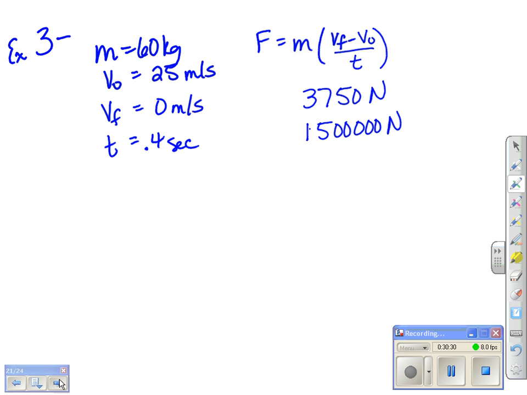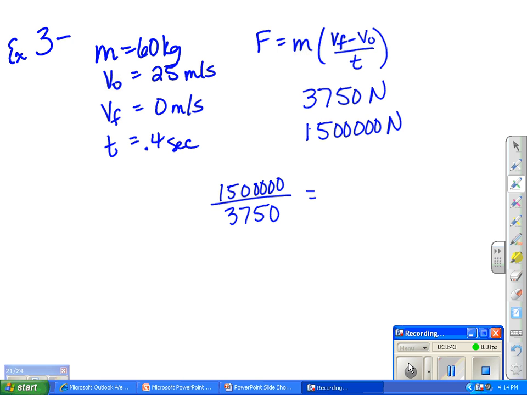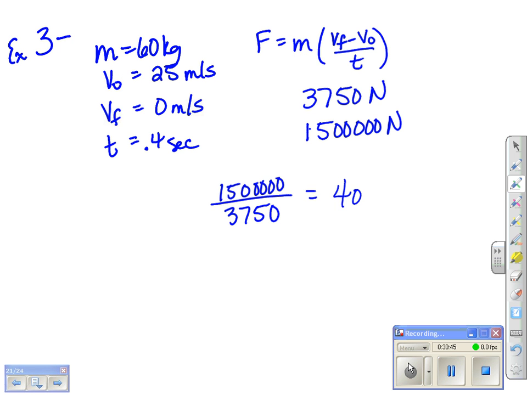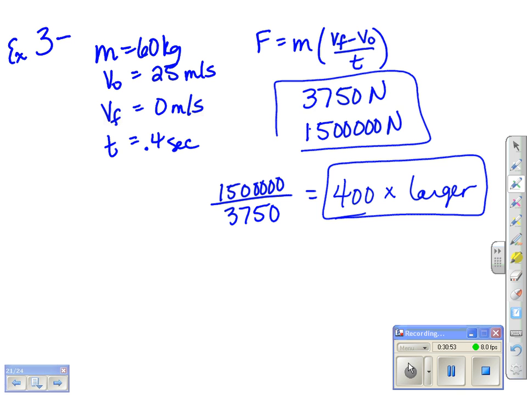Well, you take that 1,500,000 and divide it by your 3,750. When you do that calculation, you should come out to 400. So it's 400 times larger. And those are your three answers, A, B, and C. Again, our second time for our windshield was 0.001 seconds.